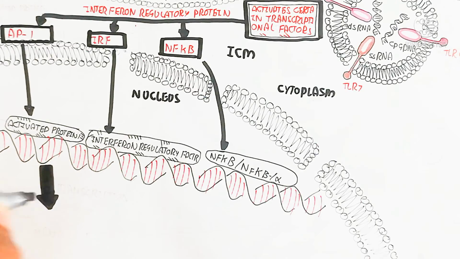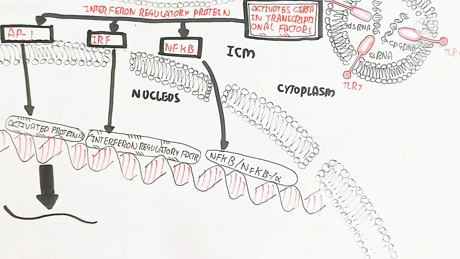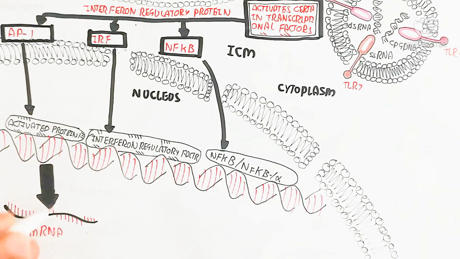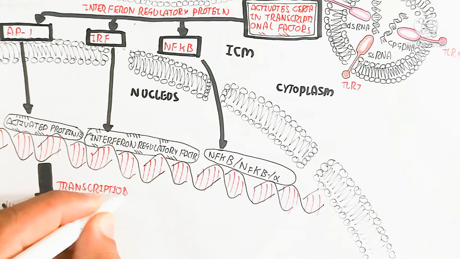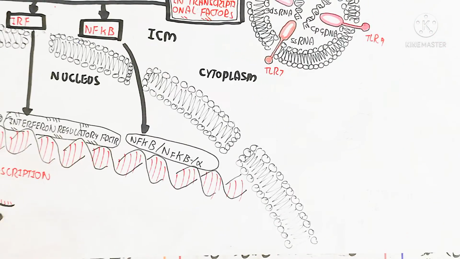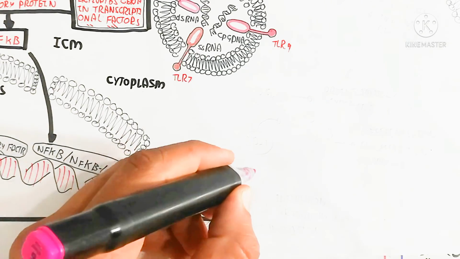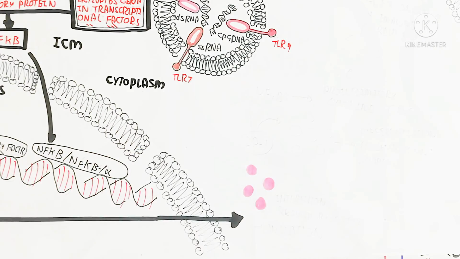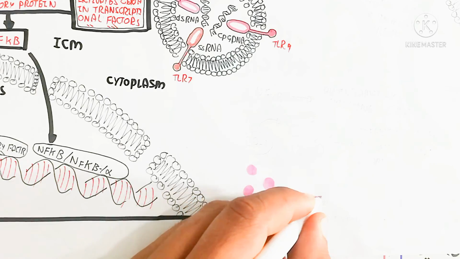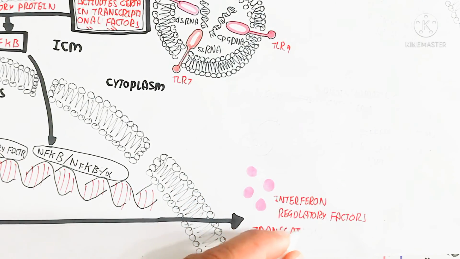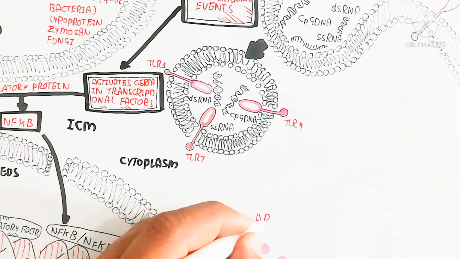After the movement into the cytoplasm through the nuclear pore, the messenger RNAs will be translated. Interferon regulatory factor will be produced, and the activated protein 1 will be activated for differentiation, proliferation and apoptosis.